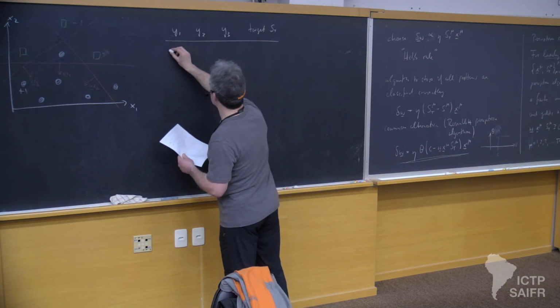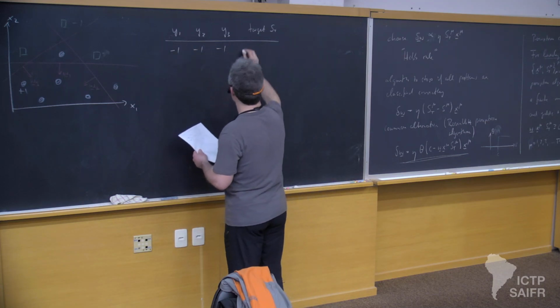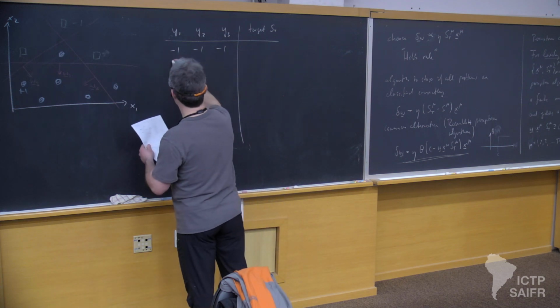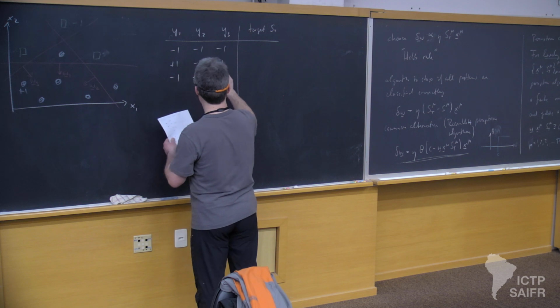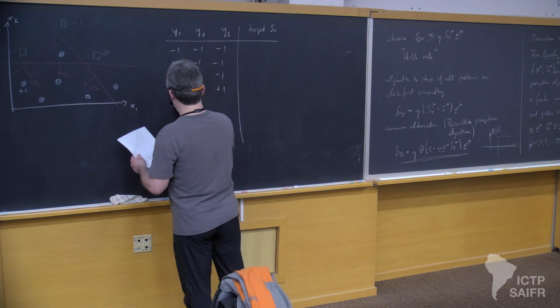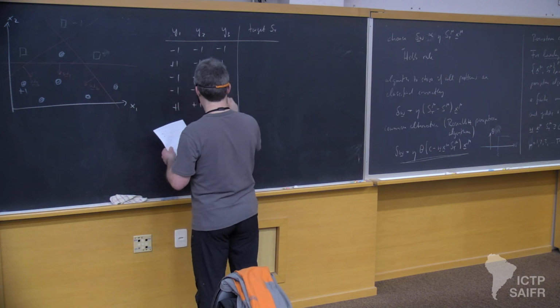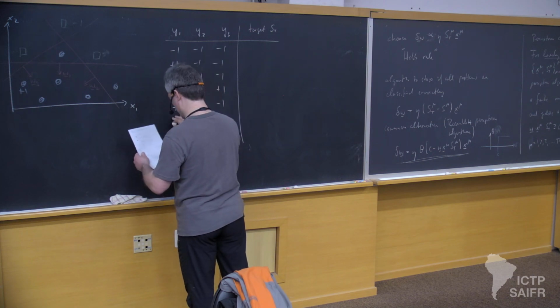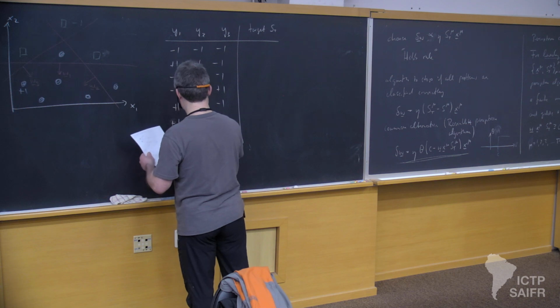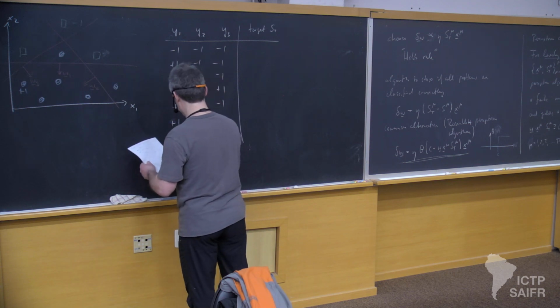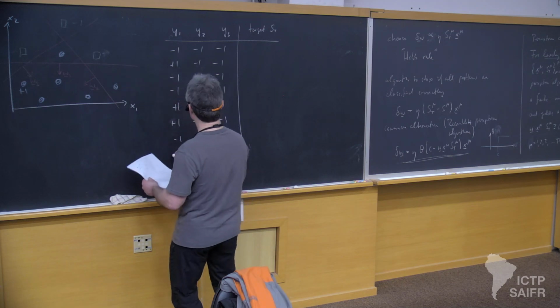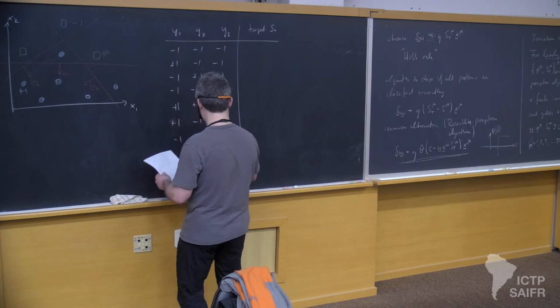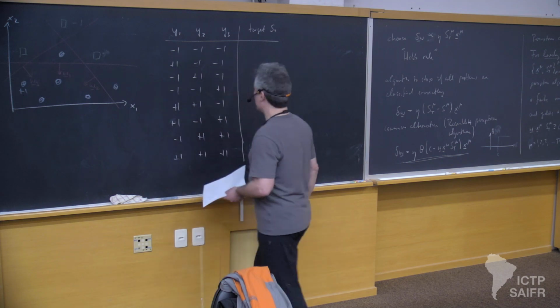So I have the possibility to have -1, -1, -1, or +1, -1, -1, and so on, through +1, +1, -1, and +1, +1, +1. These are all the possibilities.